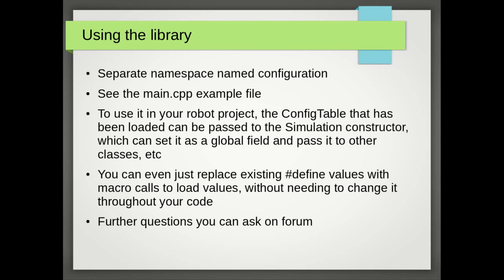And if I didn't mention that earlier, config table is basically just a hash table which contains a bunch of names as strings and config values, and it's just a typedef in configuration.